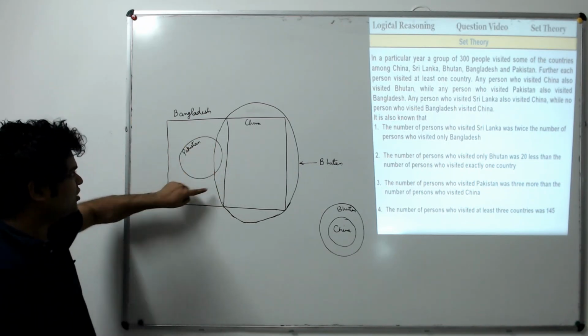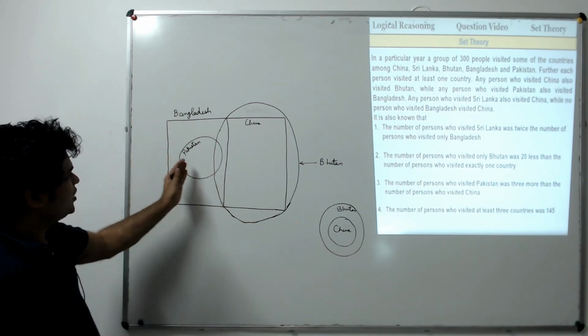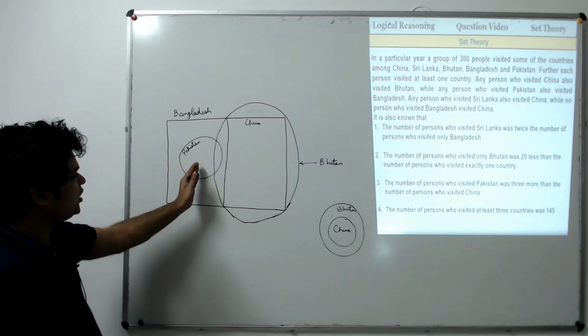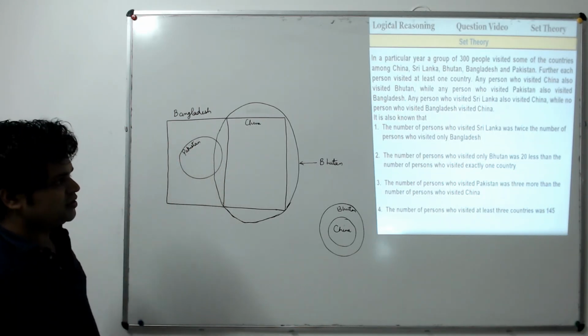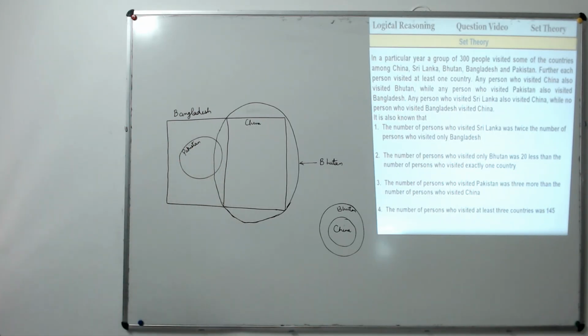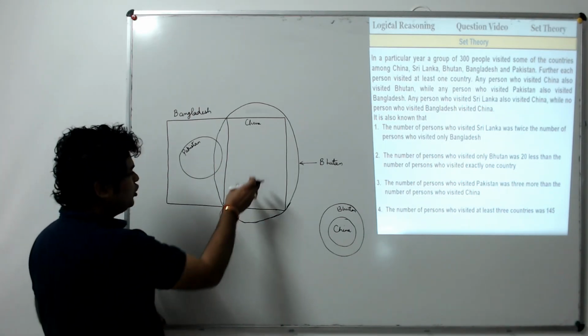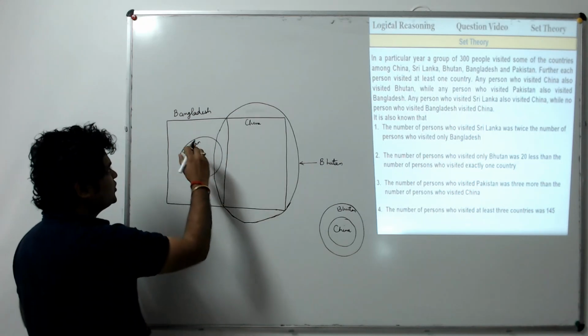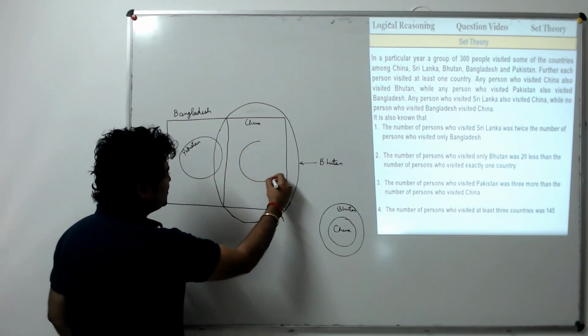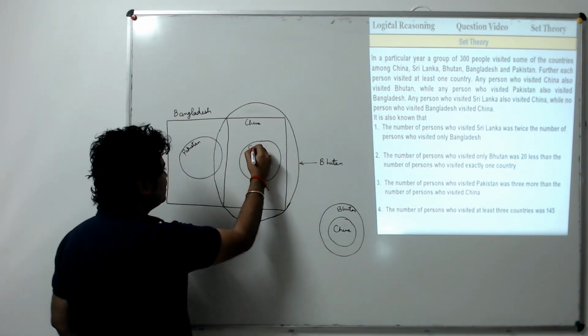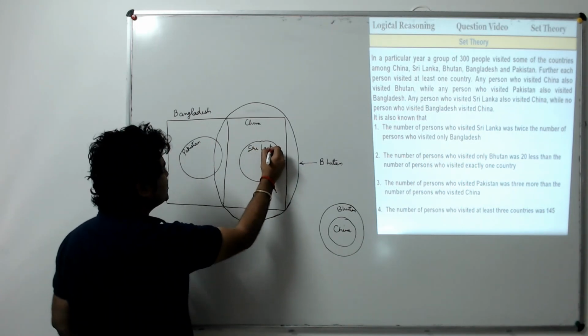All the people who visited Pakistan visited Bangladesh. Then there can be some intersection with Bhutan and some with only Bangladesh. Similarly, any person who visited Sri Lanka also visited China. So all those who visited Sri Lanka cannot visit Bangladesh. So we have Sri Lanka like this.